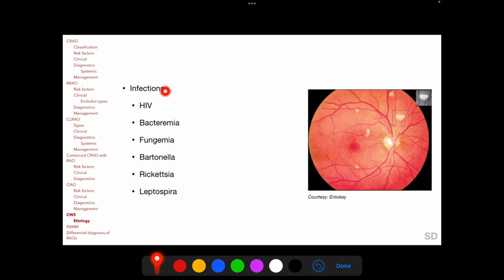Systemic infections can cause cotton wool spot, among which HIV is important to remember, and cotton wool spot can also occur from bacteremia such as from infective endocarditis, fungemia, and systemic infections caused by Bartonella, Rickettsia, and Leptospira, which are known to cause ocular inflammation with retinal vascular involvement.